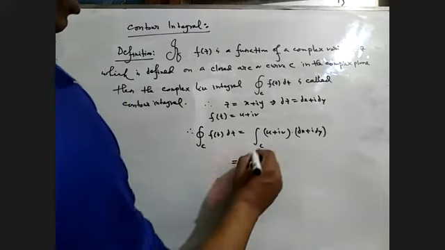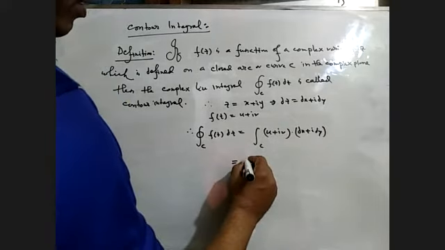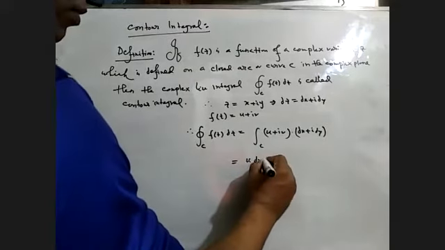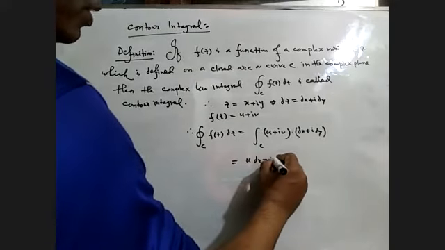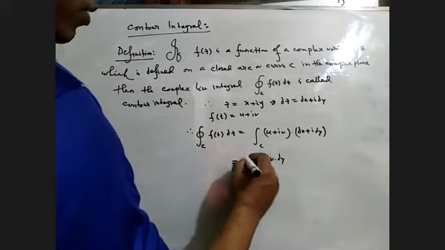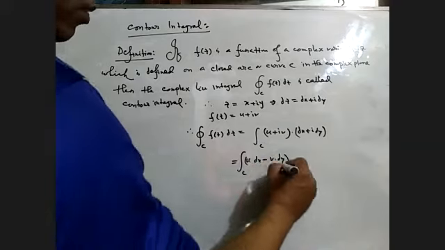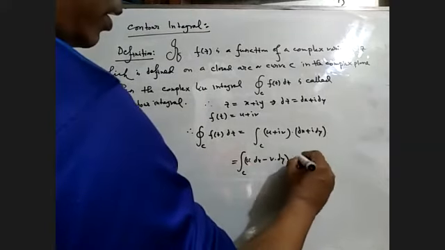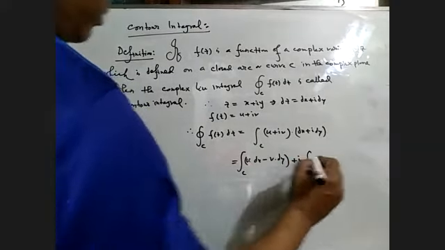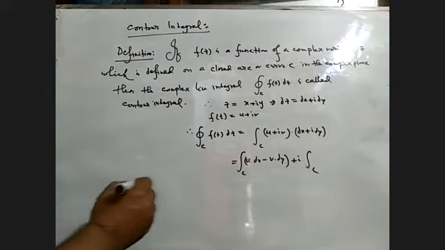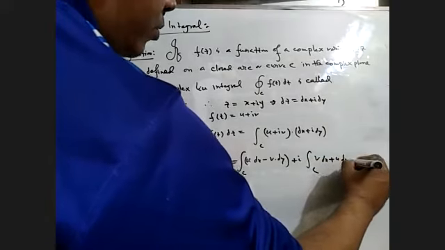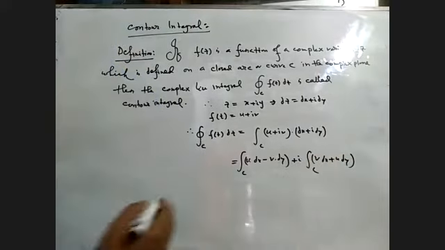This can be written as u dx minus v dy, the real part, and the imaginary part will be v dx plus u dy. So the contour integral can be written like this.